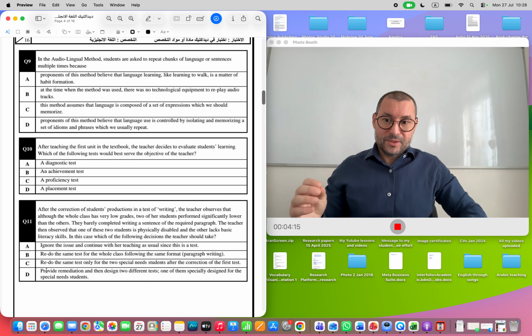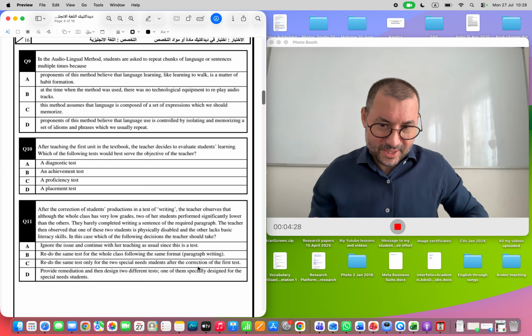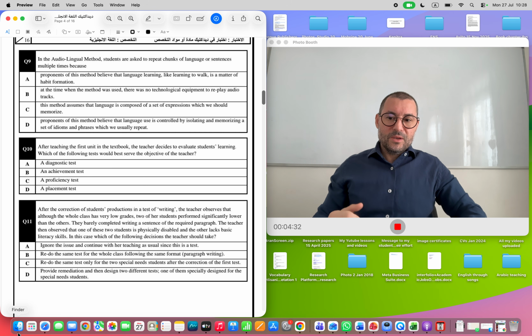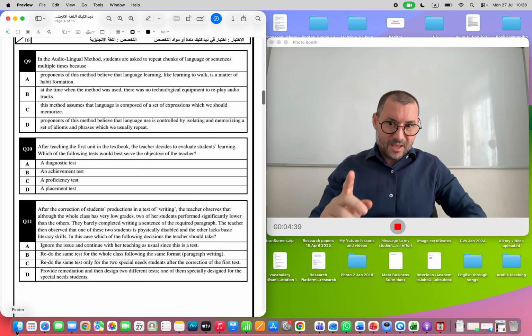C, redo the same test only for the two special needs students after the correction of the first test. So there is no need to do that after you correct the whole test and you do it again. So we go for D. You provide remediation and then design two different tests, one of them specially designed for the special needs student.